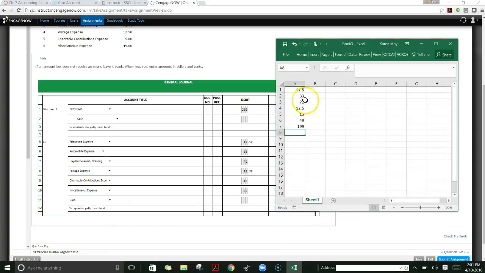So we're going to use my spreadsheet and put those amounts in. $17.50, $33, $72, $12.50, $15, and $49. And then sum it.